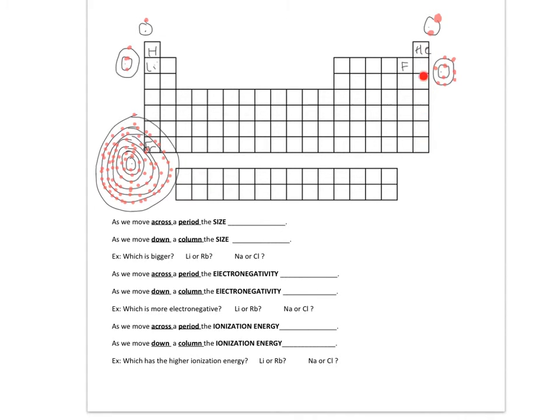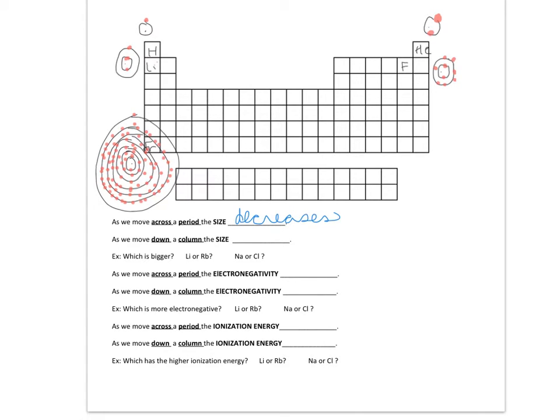It's called the octet rule. It wants it filled, and it wants to keep those electrons close. So as we go across, my atom starts to hold those electrons closer and closer to the nucleus, and it actually gets smaller as we go across. So as we go across our periodic table, our size decreases.